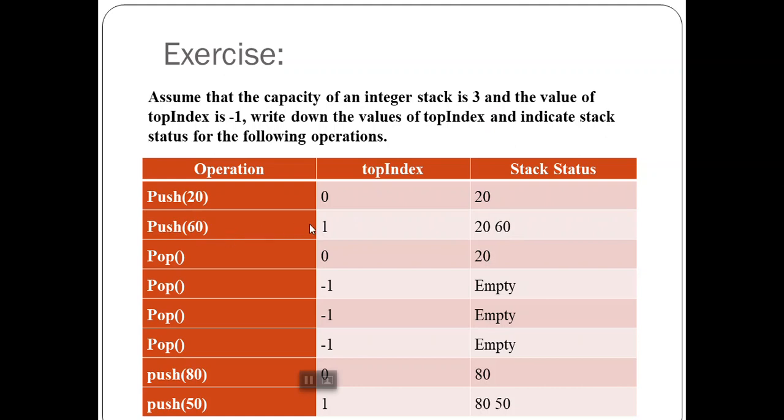If it is not full, you increment top by 1, so 0 becomes 1, and at this 1 position insert this 60. So 20 has been inserted at 0 and 60 at 1.